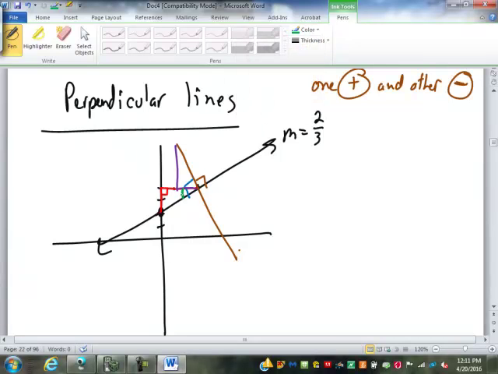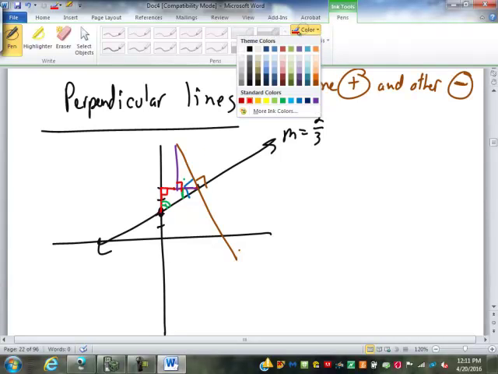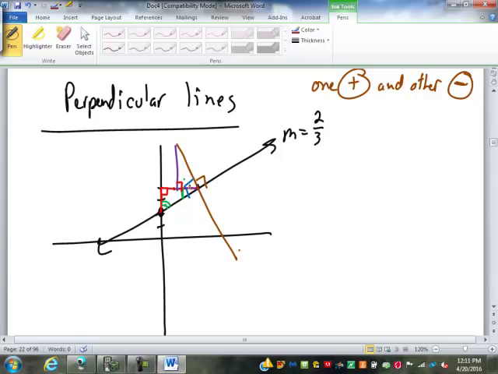The word would be complement, to add up to 90. What angle would complement this one? Well, that would be this angle over here. So this slope triangle, this angle has to equal this one. What we're doing is taking this slope triangle and rotating it to fit in here. It's the same triangle. We have just swapped the rise and the run.